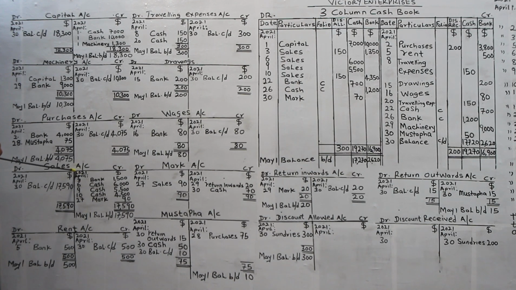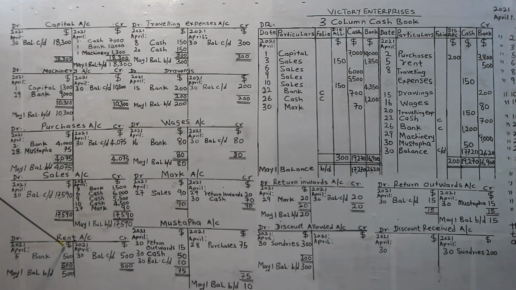The rent account has a total of $500 as the balance, which is on the debit side. This $500 is taken to the credit side to make the two sides equal, and it becomes the balance carried down for April 30th, 2021.